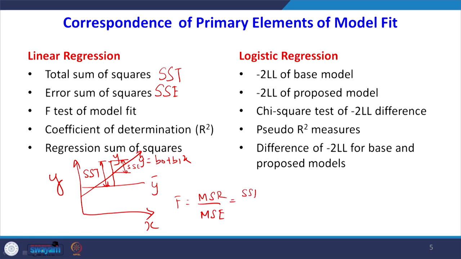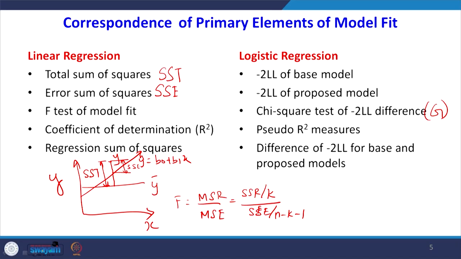MSR is SSR divided by K, the number of independent variables, and MSE is SSE divided by n minus k minus 1. Sometimes some books use k, some books use p to denote the number of independent variables. That is the F value. The equivalent test in logistic regression is the chi-square test of the minus 2 LL difference, and that value is nothing but your G.